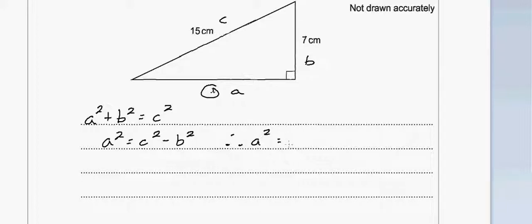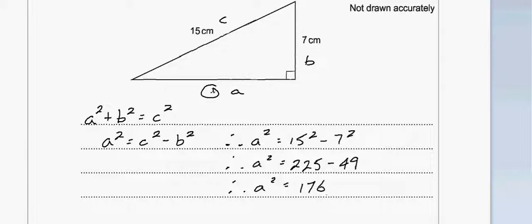So a squared is going to equal 15 squared, which is 225, minus 7 squared, which is 49. So a squared will equal 175, so I believe that's 176.